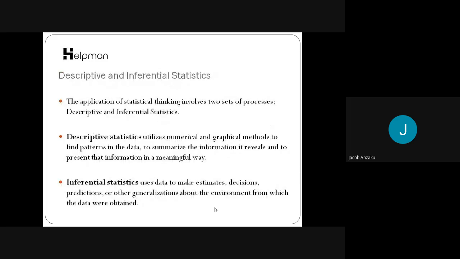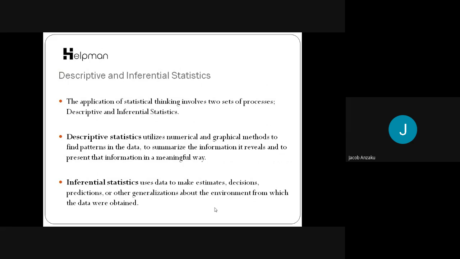So what are descriptive and inferential statistics? Now, the application of statistical thinking involves two sets of processes, which are descriptive and inferential statistics.